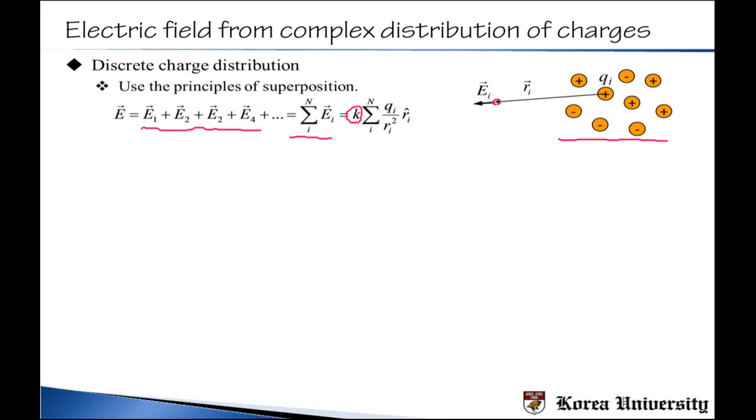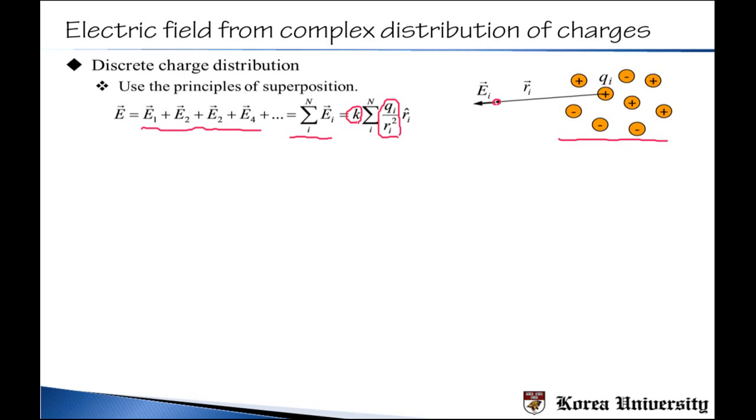Therefore, it does not depend on which charge you are talking about, so it doesn't have to go into the summation, so it's standing out. And then the size of the electric field will be Qi divided by ri squared.